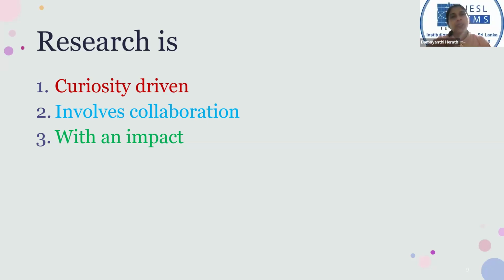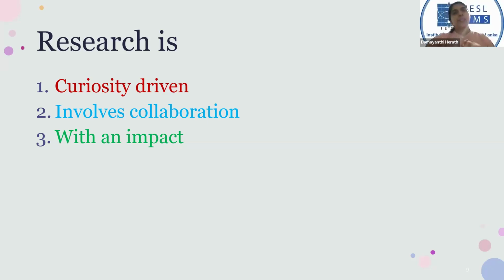And the other thing is, good research often involves collaboration. As we see, most of the work that has been done so far, very rarely, sometimes we see individual work as well, but very often it involves collaboration. Especially today, it involves collaboration across different disciplines.